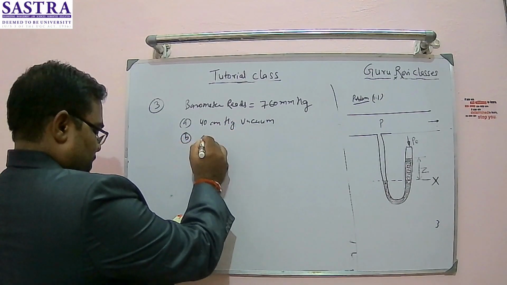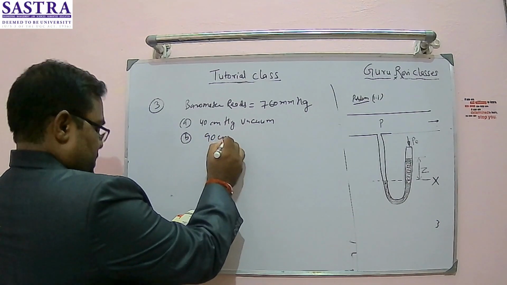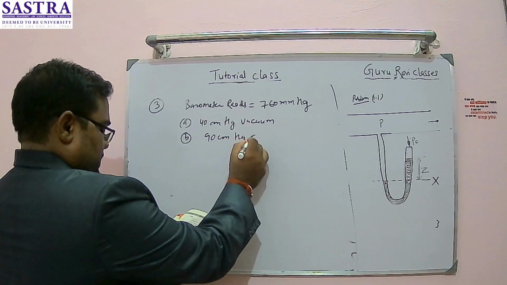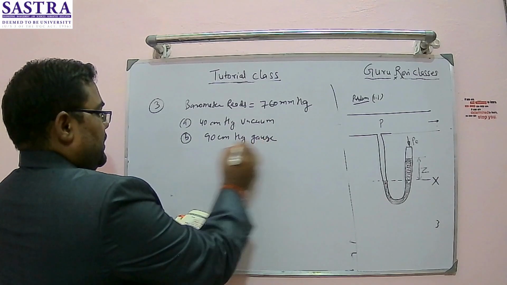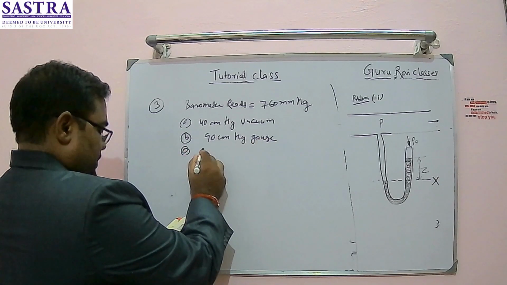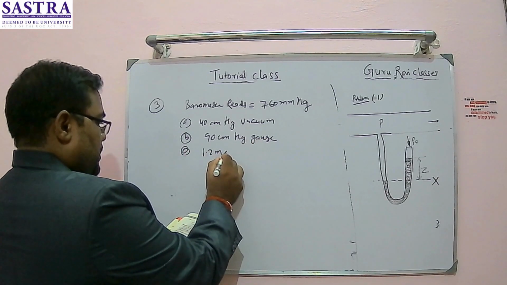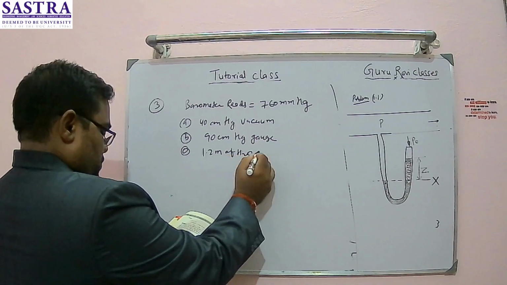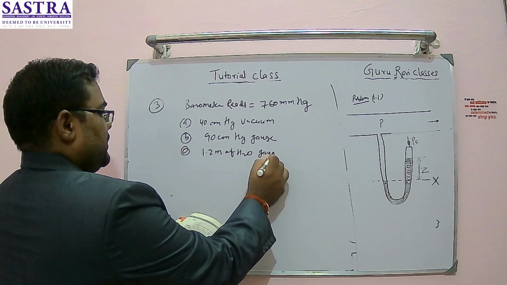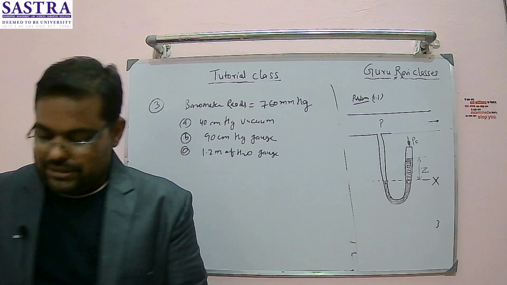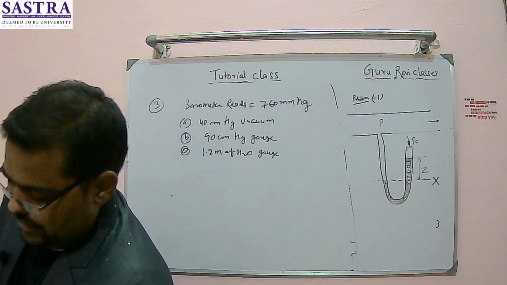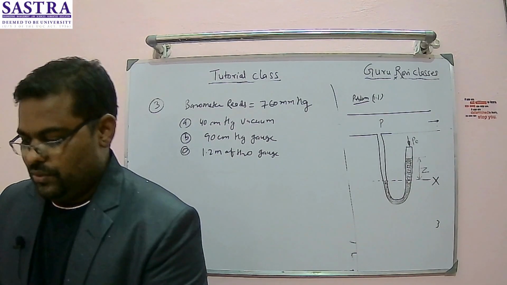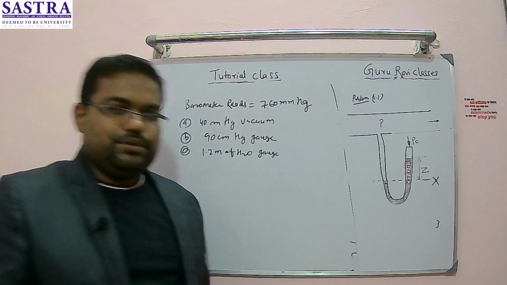Second condition I am mentioning 90 centimeter Hg gauge, and third condition I am mentioning 1.2 meter of H2O gauge. So these three pressures need to be converted into absolute pressure.